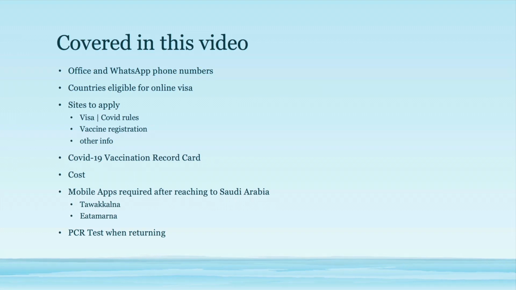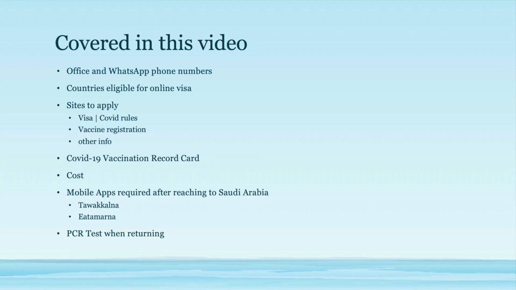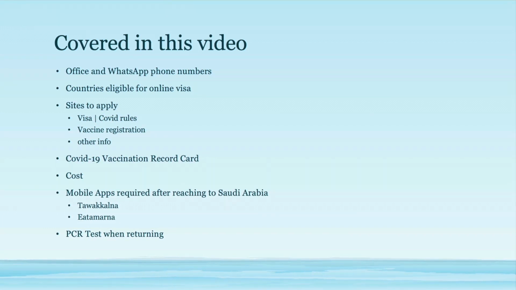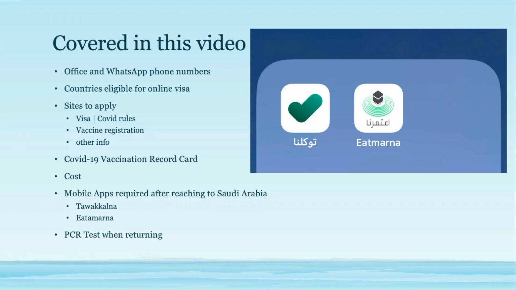We talked about the countries eligible for online visa, the sites where you need to apply, and be sure to take your vaccination record card that you get from the pharmacy. Cost, which is $142, embassy and the Saudi Airline numbers. The Tawakkalna app is your proof that you're vaccinated and need it everywhere you go there. Stores, haram, every place.